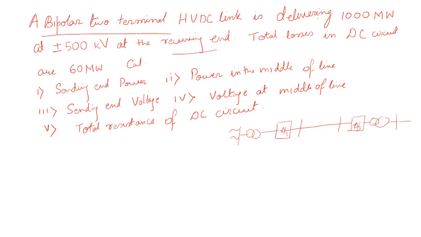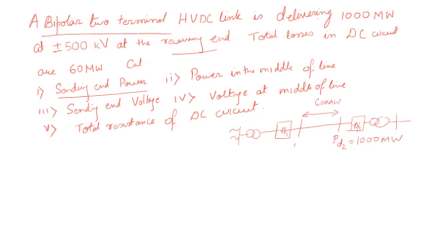So you have PD2 equal to 1000 megawatt. And how do we calculate the sending end power, right? I have derived the sending end power, and what is the loss, the total loss of the circuit. So the total loss is 60 megawatt, right?